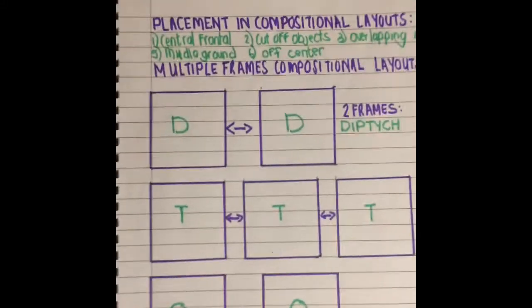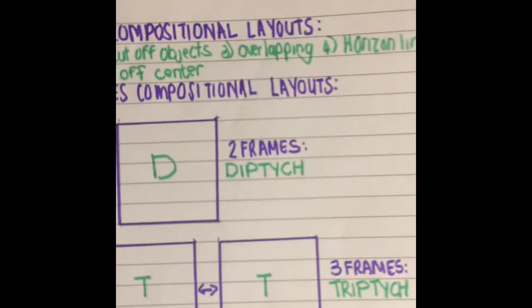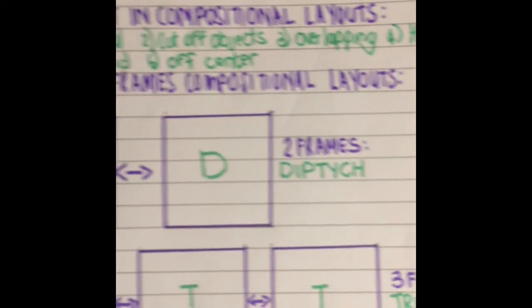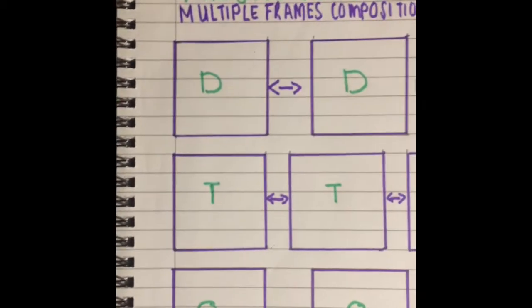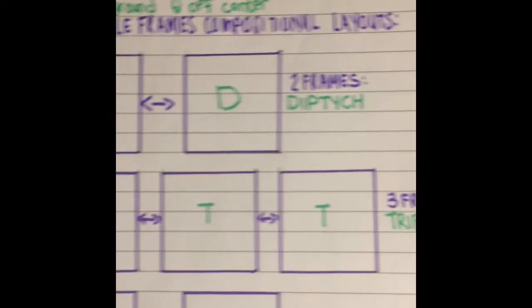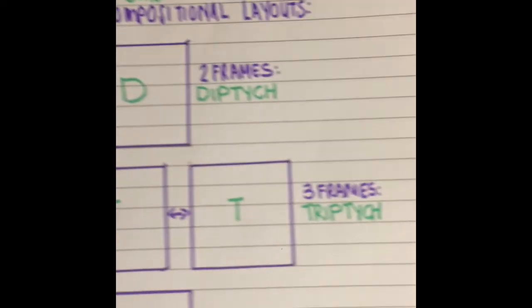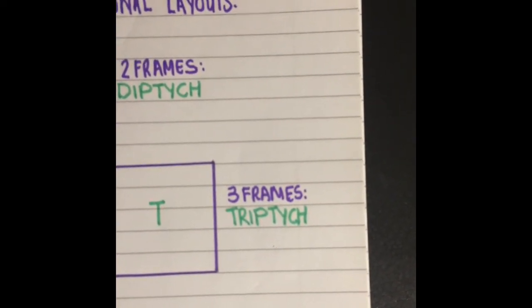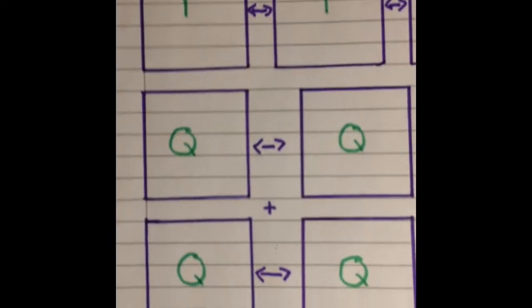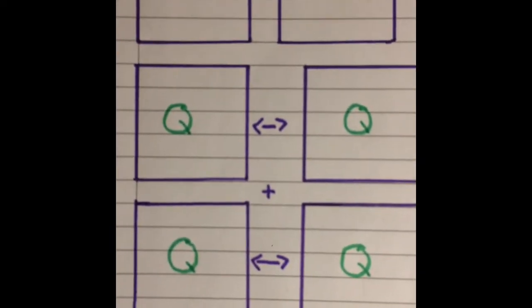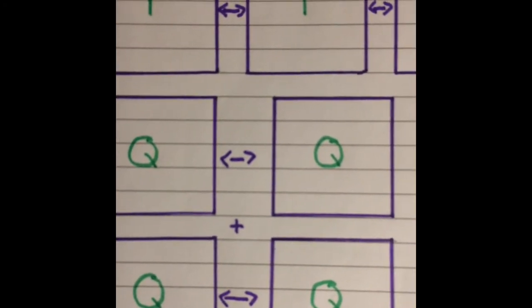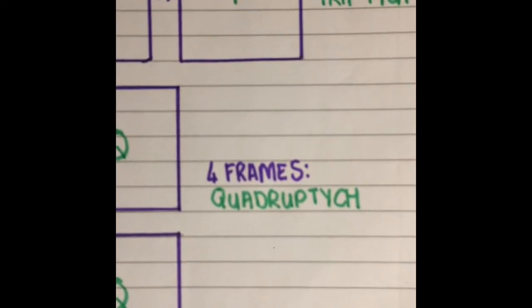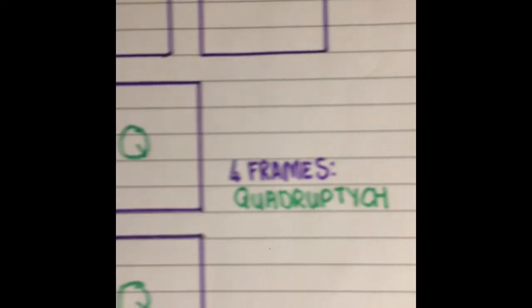If you have two frames together, it's called diptych. As you can see, the D indicates the two frames. If you have three frames together, as the T is indicated on here, three frames is called a triptych. As you can see here, in these 4 blocks, usually these 4 frames are called quadriptych.